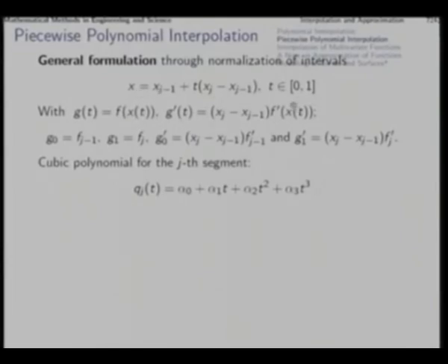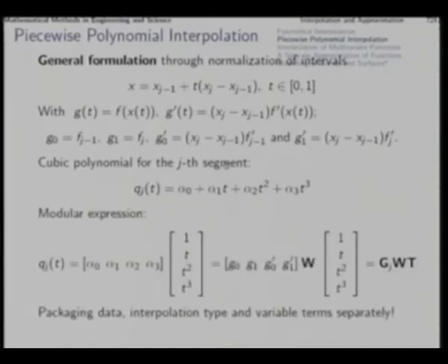So, whatever derivative is given in terms of f prime can be mapped in terms of g prime. With g mapped like this and g prime mapped like this, both functions of t, you will have these as the representative data. So, with these 4 pieces of data, you determine the cubic polynomial for the jth segment, right.